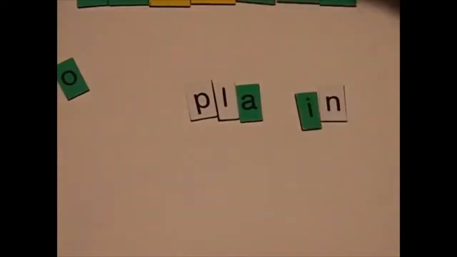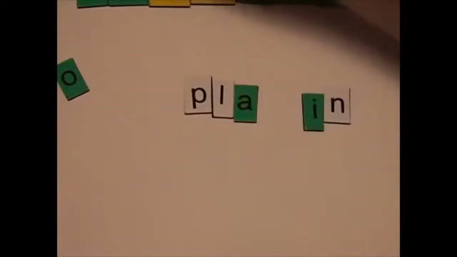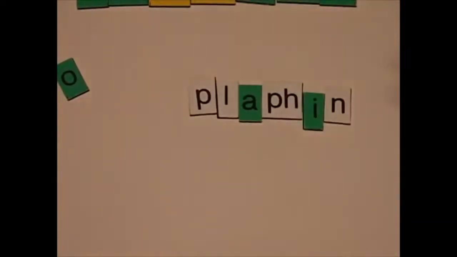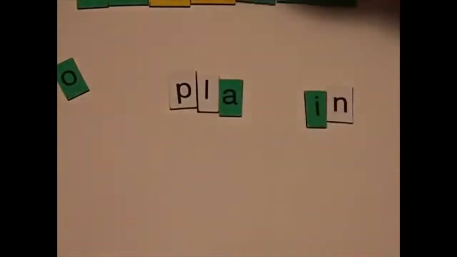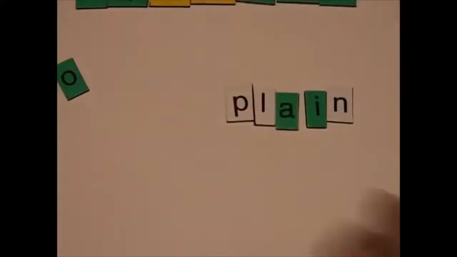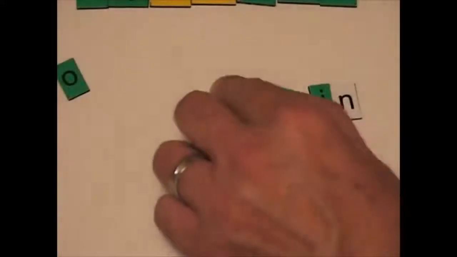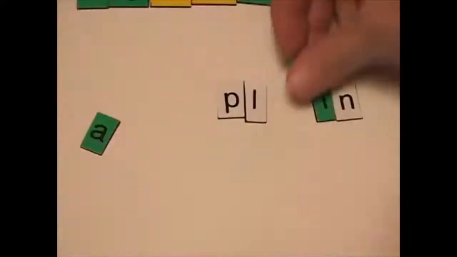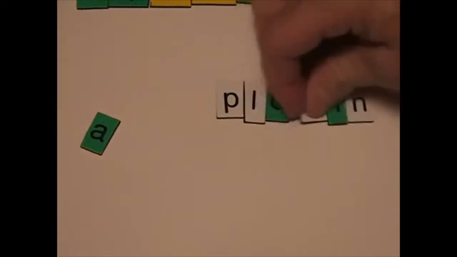Then I might have a word like this. Child goes plaffin. Or I might have a team where they stay together. Plaffin. Okay? Then once they can change, I may have something like this.